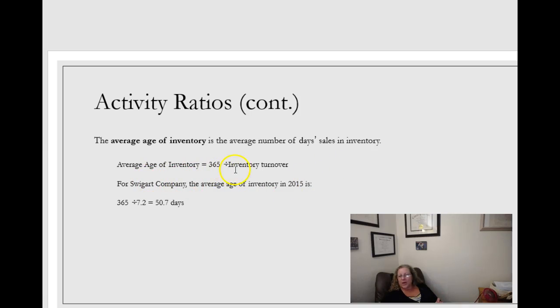So we take 365 days and divide it by that inventory turnover. For Swigert Company, the average age of inventory is 50.7 days. That means our inventory is sitting on the shelf for 50.7 days and then it's getting sold. And we do that 7.2 times a year.